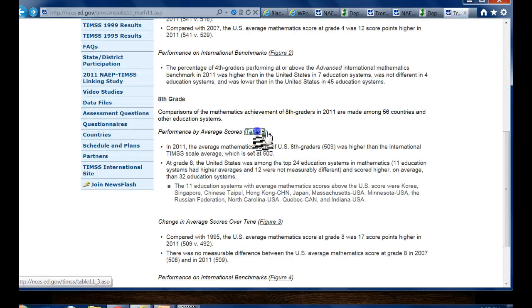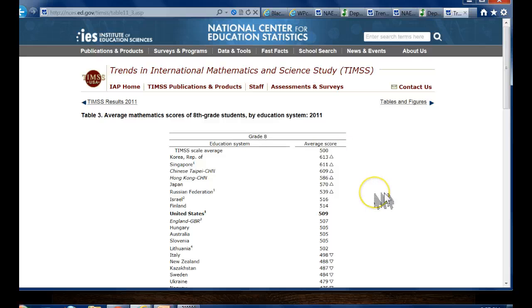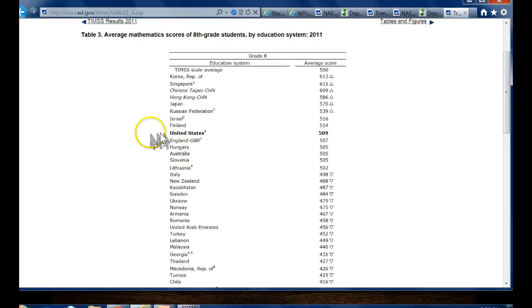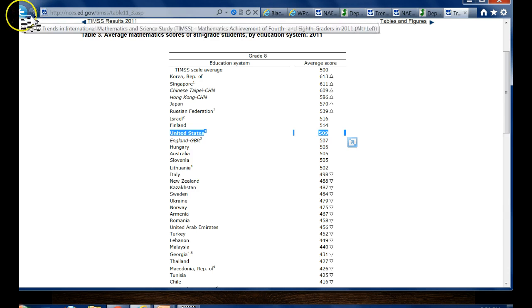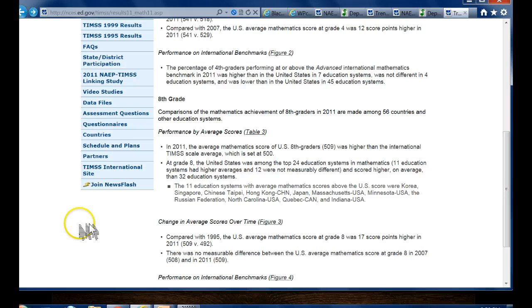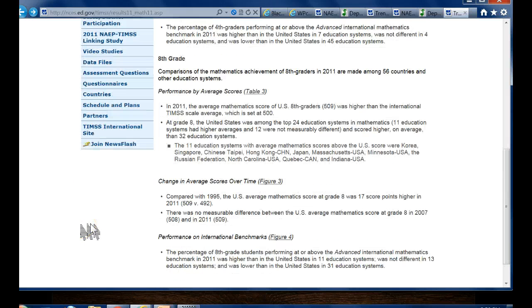8th grade mathematics. And in 8th grade, we're still not number one. We're not in the top 5. Okay, so you get the idea. These are standardized tests. Just as a note, all the tests that were given around the world were the same test because math and science are universal.